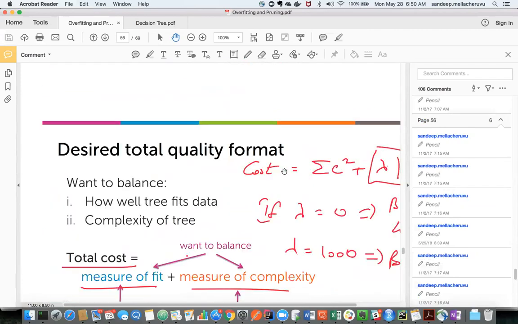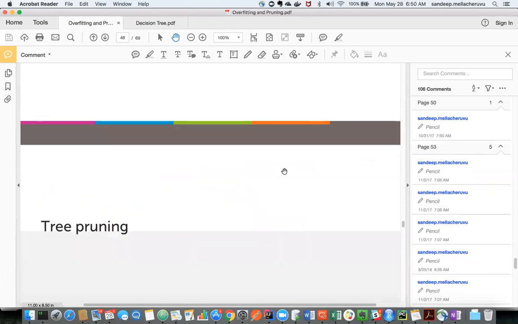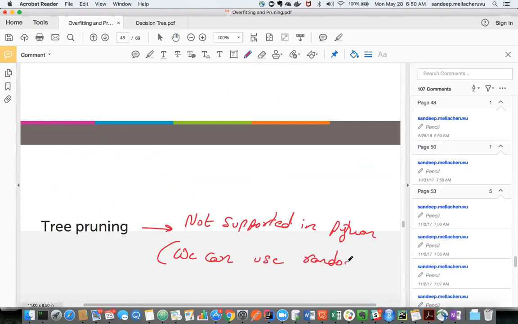So where are we? Pruning. Unfortunately, pruning is not something that is supported in Python, but we'll still go ahead and understand the theoretical aspects. It's not supported in Python anymore. We can use random forest instead.